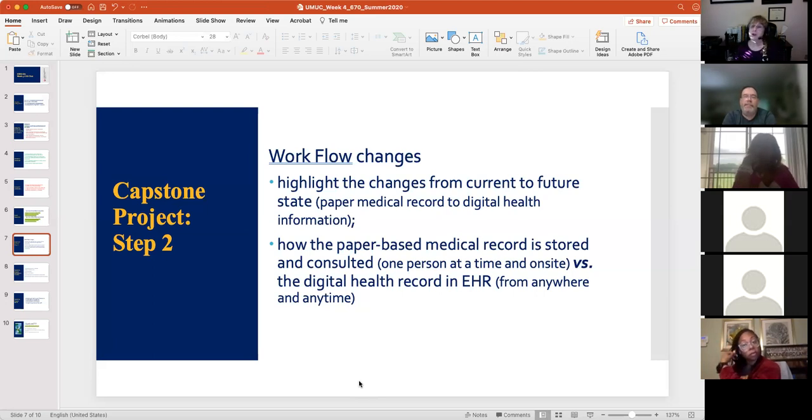Then the doctor calls the nurse back and gives the order. Then the nurse must write it down and read it back to the physician to make sure that she or he wrote it down properly and correctly. Then the order for the medication must be sent down to the pharmacy so the pharmacy can fill it and bring the medication up so the nurse can administer. Oy, that's exhausting.